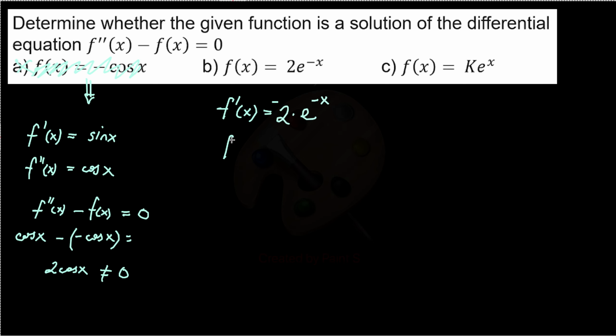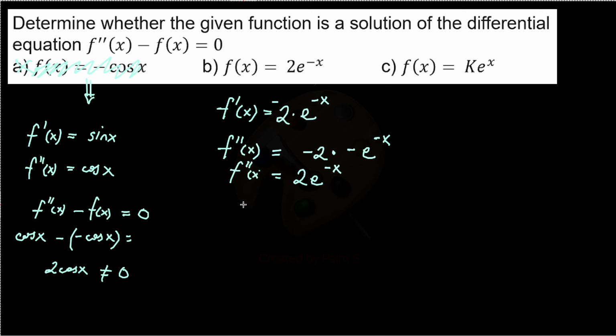I'm not going to rewrite it because I just need to find the second derivative. So the negative 2 comes out, times the derivative of e^(-x) again, which is negative e^(-x), and this simplifies to 2e^(-x). Now I have f double prime of x, the second derivative.